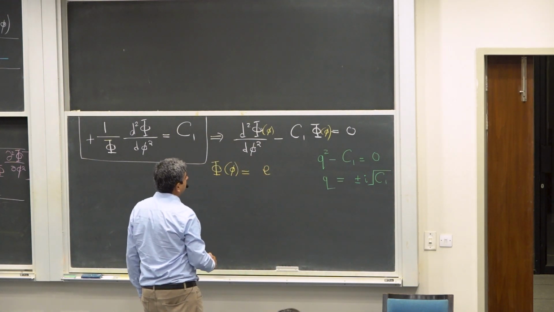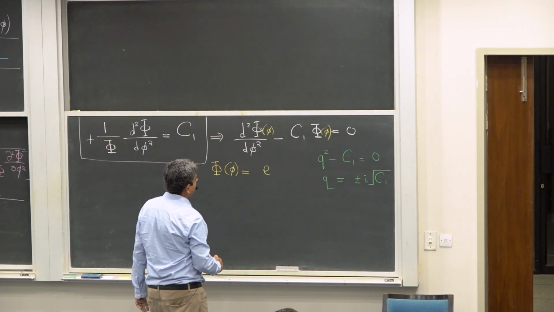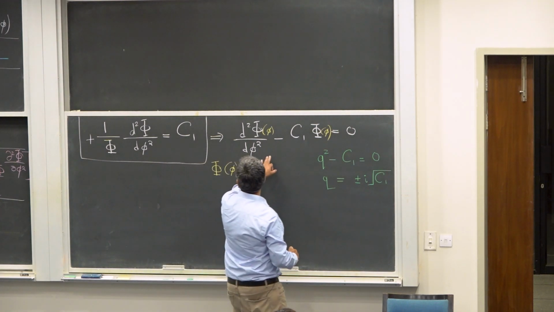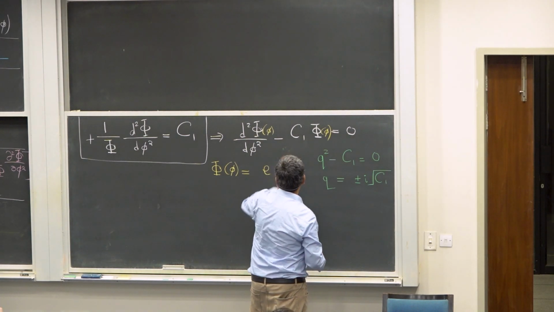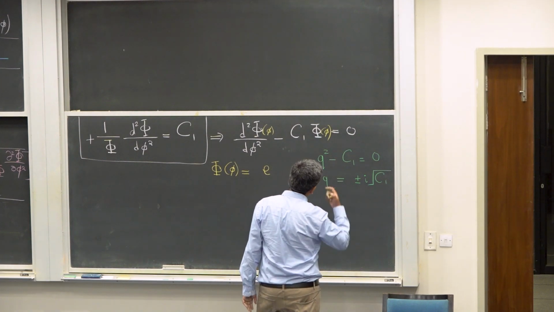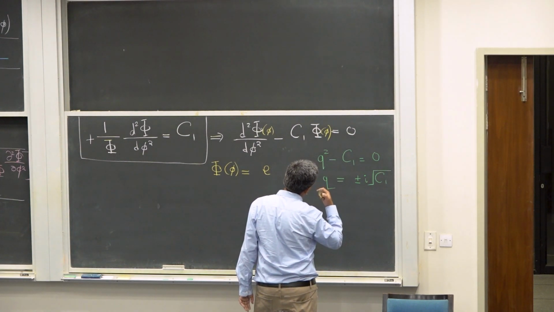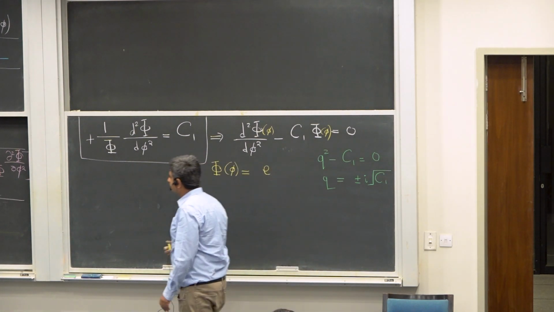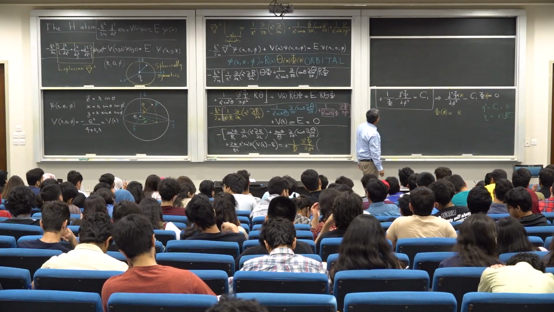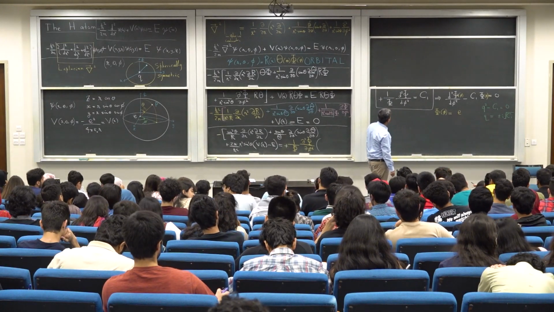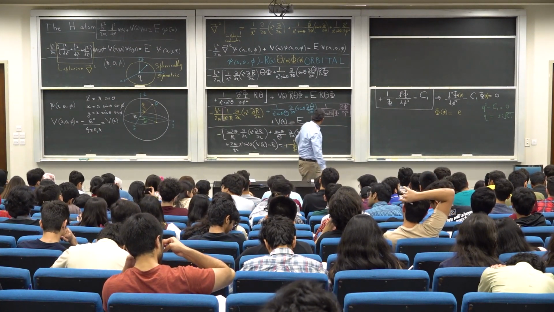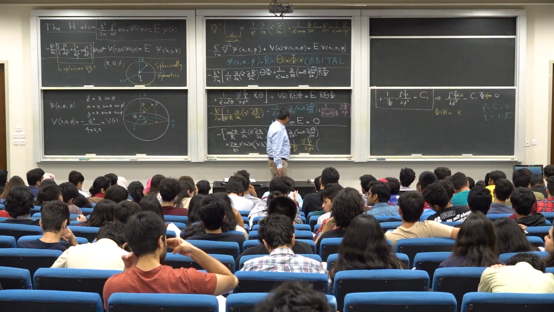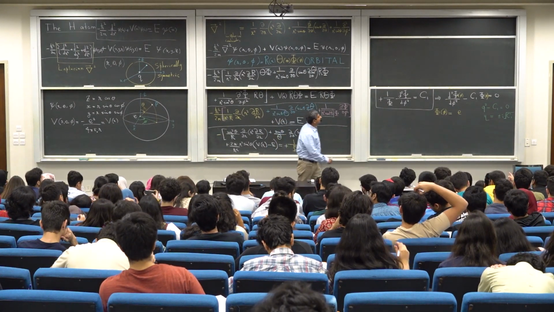q square minus c, q square equals... I think there's a minus sign here.